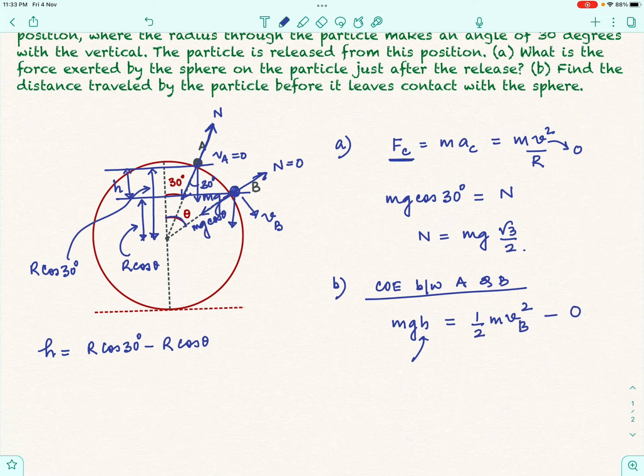When we substitute its value over here, we can cancel out m, so we will have g into r into (cos 30 minus cos theta) equal to half vB squared, and the 2 can be taken on the left side, so that this becomes 2gr(cos 30 minus cos theta). This is our value of vB squared, the speed at the position B.